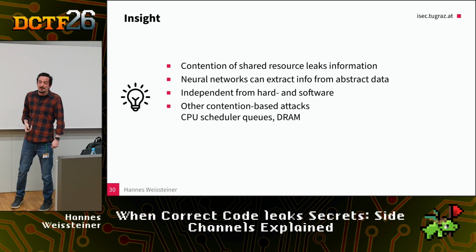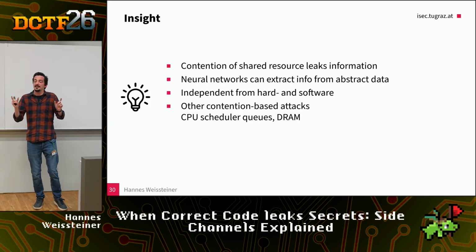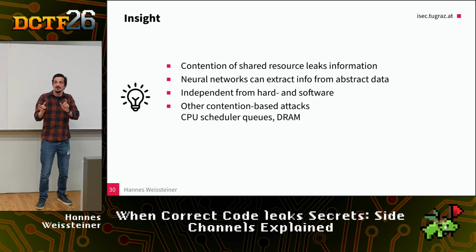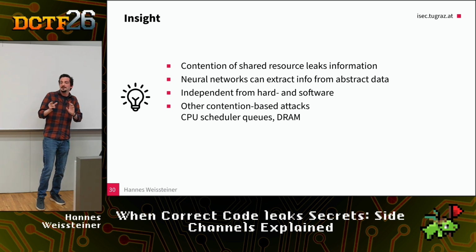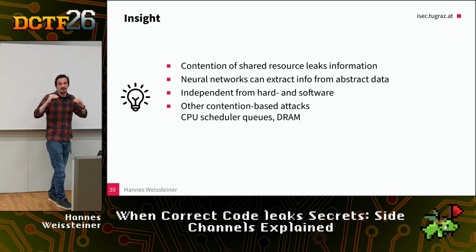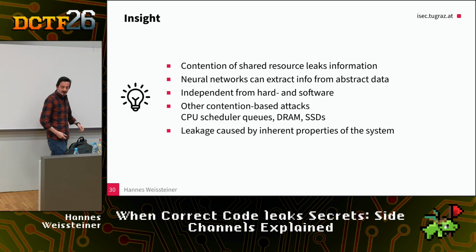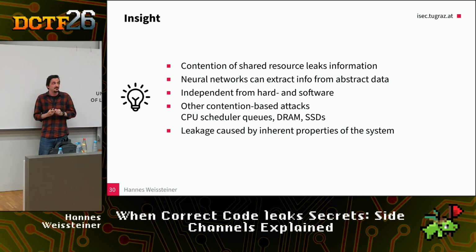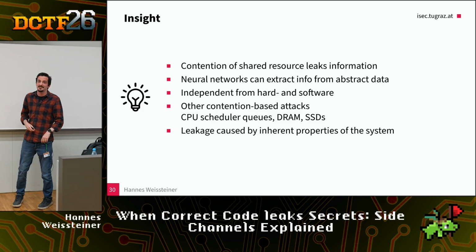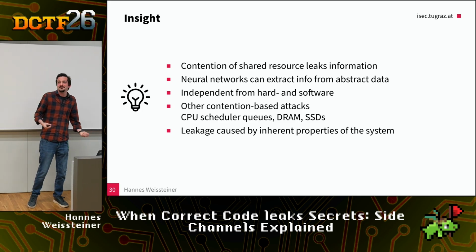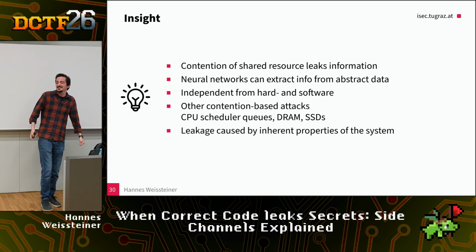Depending on whether addresses collide in the DRAM, it takes longer to fetch different sets of data, depending on where on the DRAM the data actually resides. Also, SSDs have been shown to leak a lot of data just by contention. With essentially all of those, you can fingerprint whatever website a user is accessing.